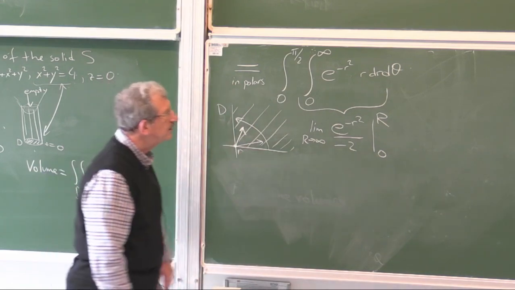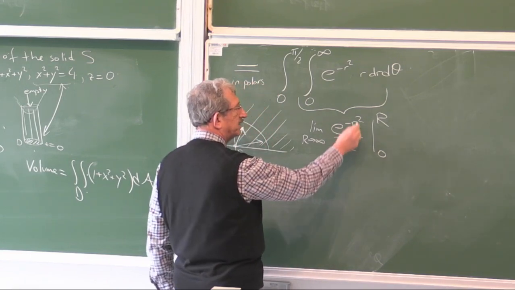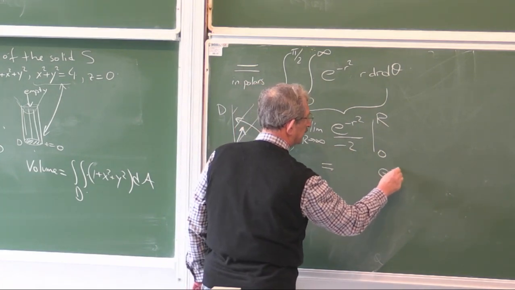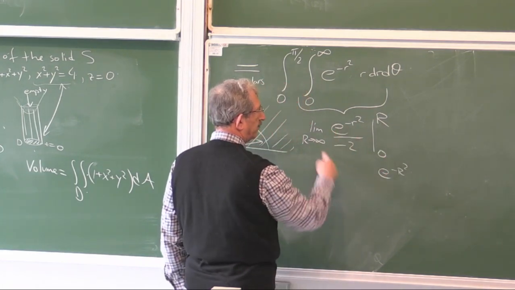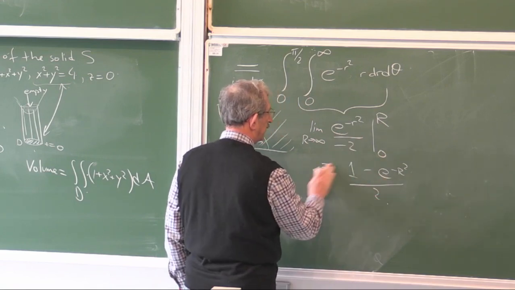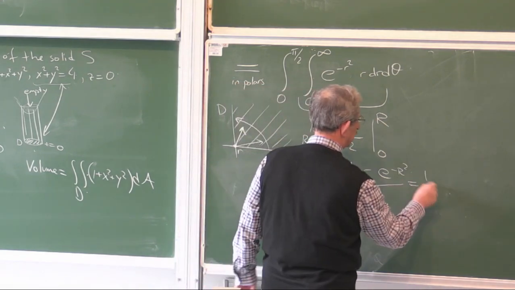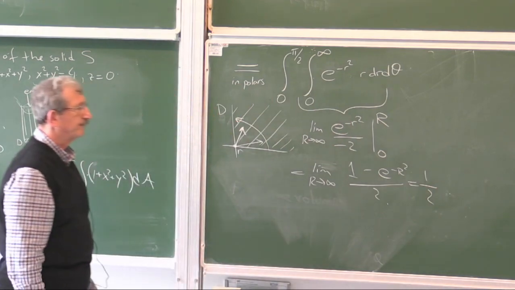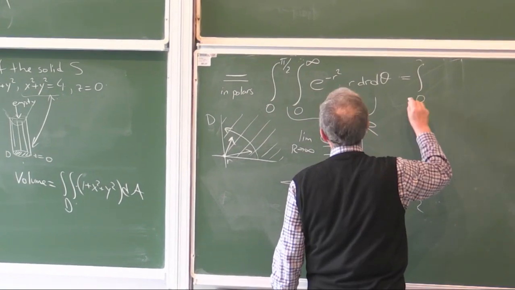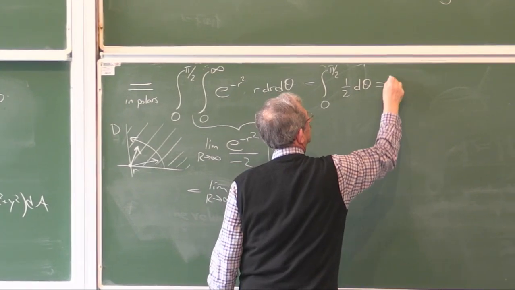Obviously, we have e to the minus r squared here, and minus 1 divided by 2, and then the limit as r goes to infinity, which just gives us 1/2. So this is 0 to pi over 2, 1/2 d theta, which is pi over 4.